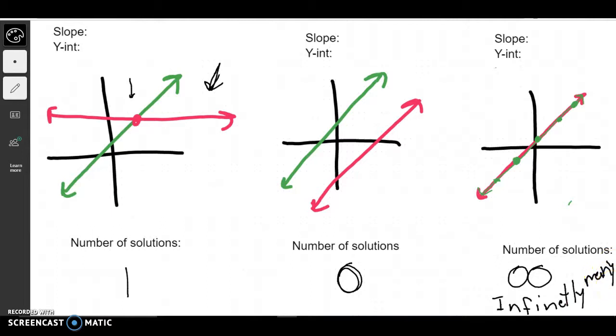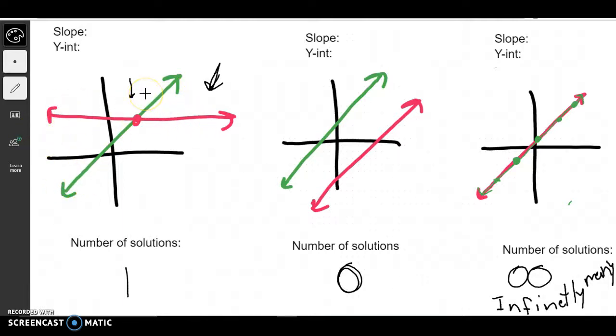Now, the important part is, lines are made up of two things, slope and y-intercept. So it'd be nice to know what the slopes and y-intercepts are of these. If they intersect at one point, that means the slopes of these lines are different, and we can see this one is a lot flatter and this one goes up.